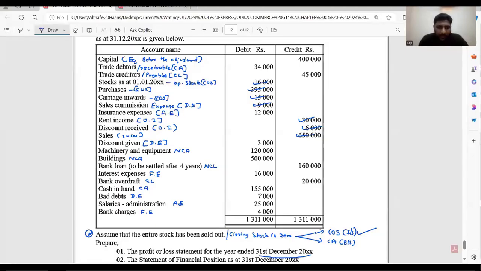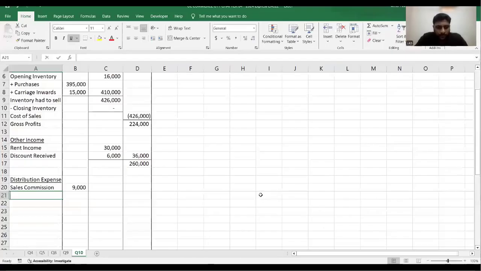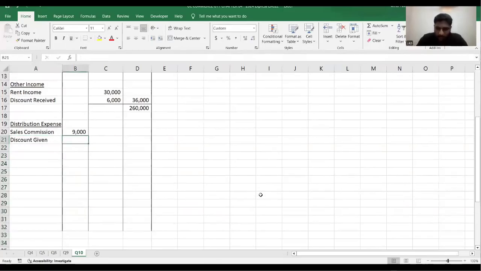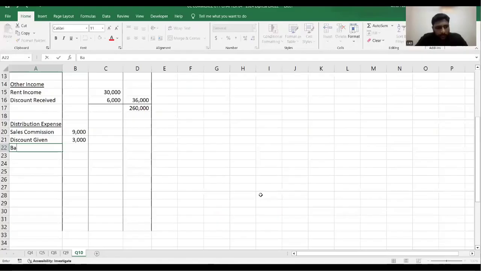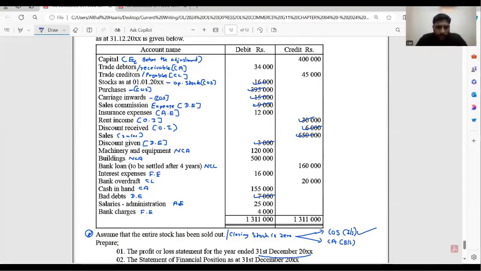Then next you have discount given 3,000. Then bad debt 7,000. So we are done with the distribution expenses as well.